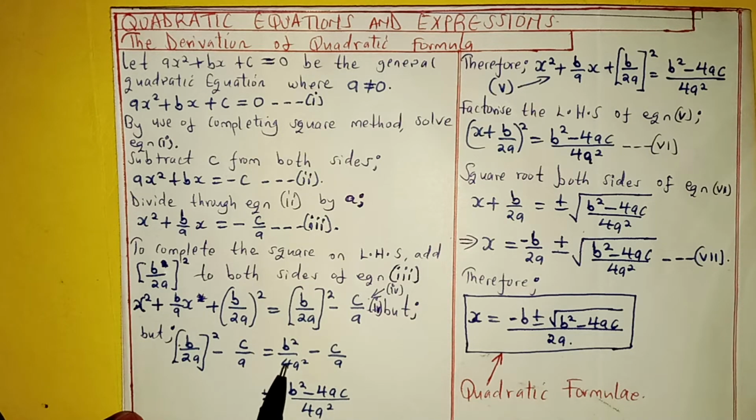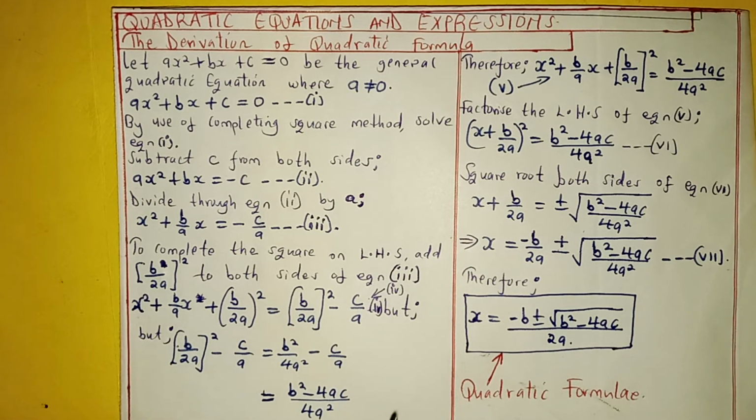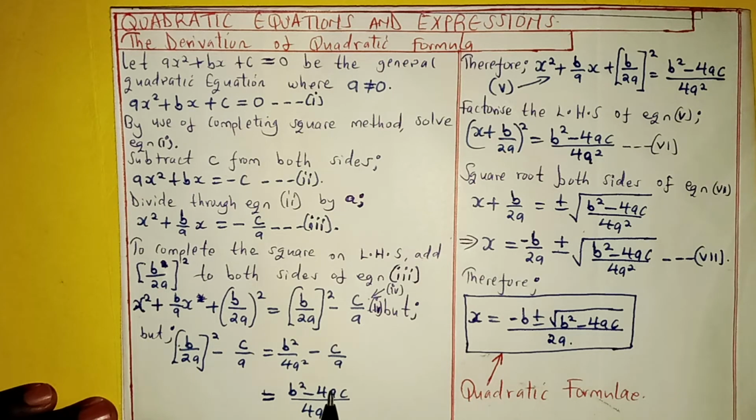So 4a squared into 4a squared goes once. So 1 times b squared is b squared, minus a into 4a squared is 4a squared, and 4a times c is 4ac. Okay. Now we've solved the right hand side of equation number 4.